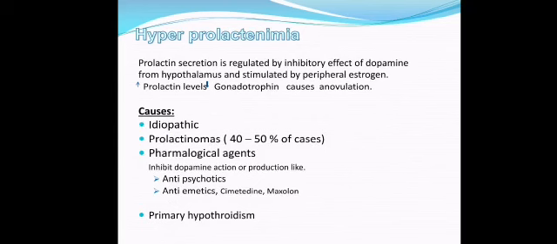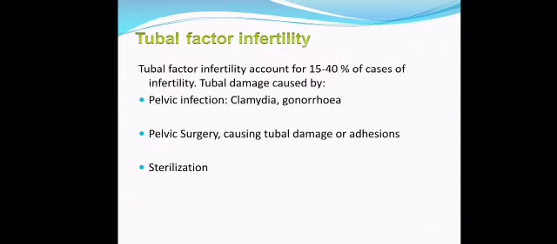It can be due to pharmacological agents like antipsychotics and antiemetics, which can cause raised prolactin and subsequently anovulation. The patient can have primary hypothyroidism, and as a feedback mechanism there will be a raised level of prolactin and subsequently anovulation.